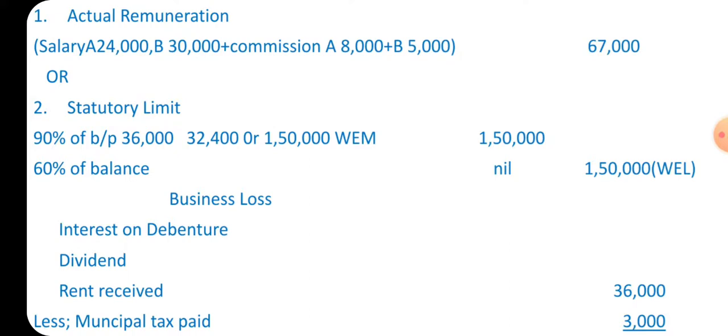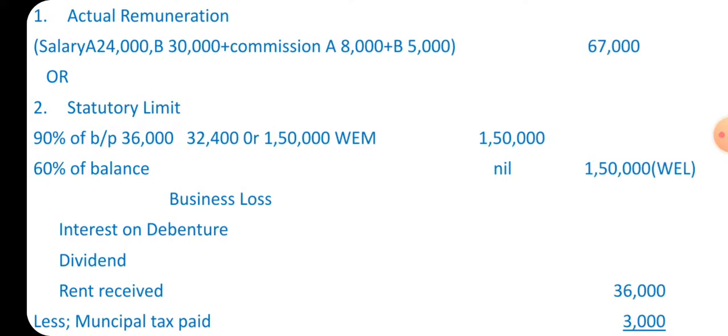And the second point you have to take is 60% of the balance. You find the balance in the book profit. Balance means if book profit is more than 3 lakh, you take that amount as the balance. Here book profit is not more than 3 lakh, so there is no balance of the book profit.